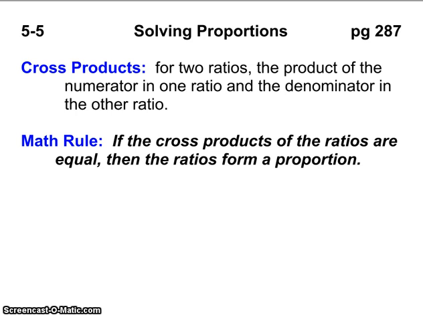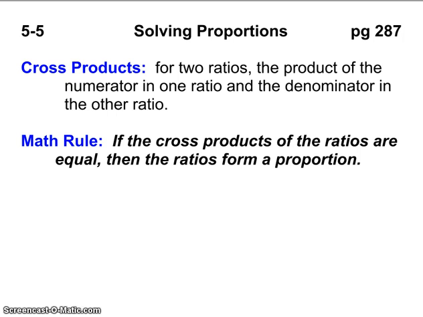And just to recap where we've been, we've talked about ratios, which is a comparison of two quantities. We've talked about rates, which are a comparison of two quantities that have two what? Units, two different units. And we've talked a little bit about proportions.